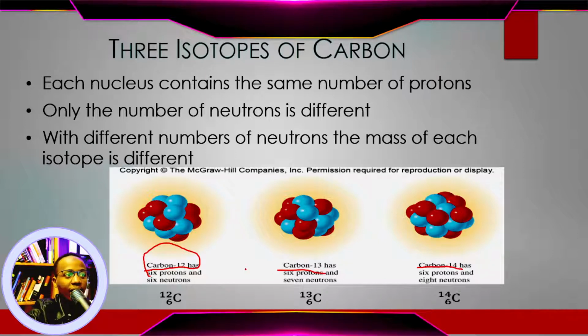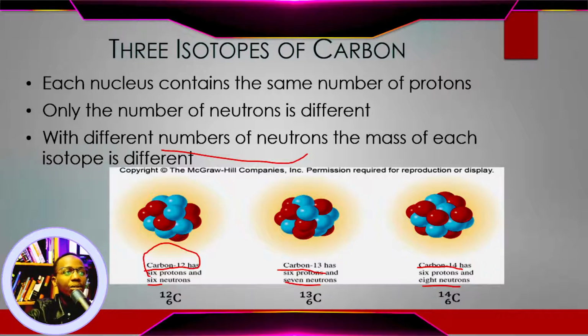What does that mean? It means that whereas the normal carbon has 6 neutrons, carbon 13 has 7 neutrons, and carbon 14 has 8 neutrons. So you have a different number of neutrons, and we call these isotopes, and we'll talk more about why.